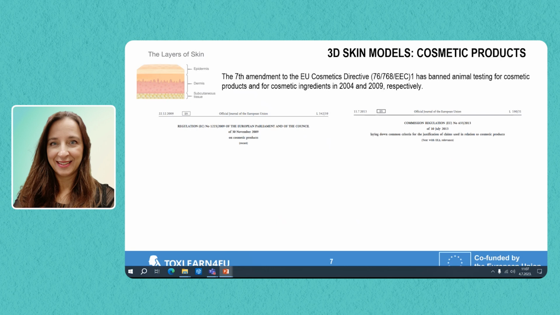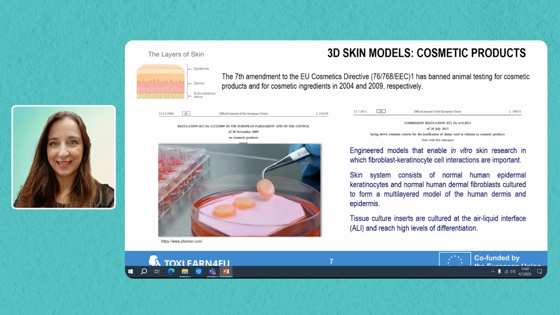And as an example, here we can see small pieces of skin that are actually developed from human primary cells. Usually these are fibroblasts and keratinocytes that are grown in layers.